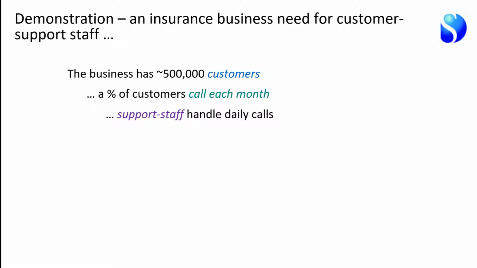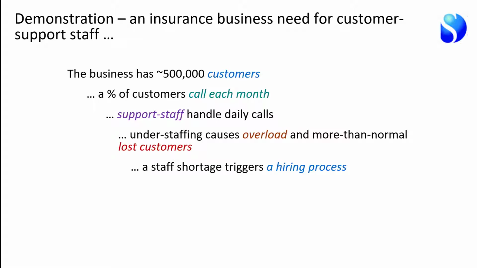A percentage of those customers call each month, and support staff handle those daily calls. If you have understaffing, what you get is overload, and calls are badly handled. There's always going to be some customer loss rate in a business like this, but the call overload and badly handled calls would cause that customer loss rate to be increased.